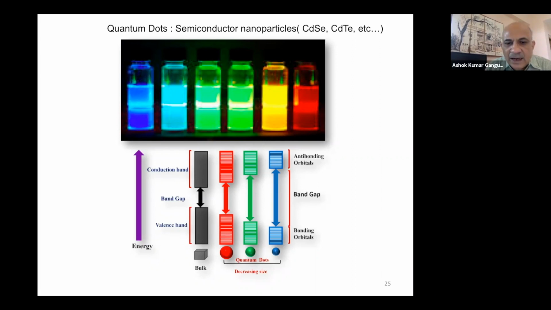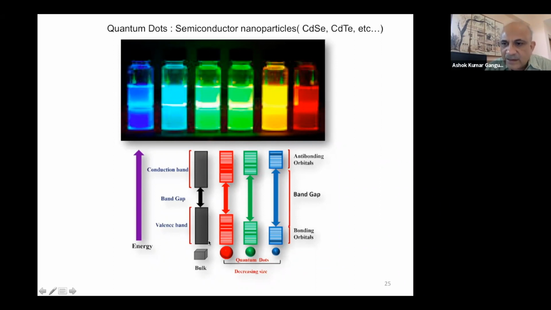And the lowest unoccupied molecular orbitals, that means those which are unoccupied, when those molecules form a solid, now we don't have orbitals, we have a band formed from those LUMO orbitals, and that is called the conduction band. Now the difference in energy of the highest of the valence band and lowest of the conduction band is called the band gap. Okay, because this valence band will have a width of energy.